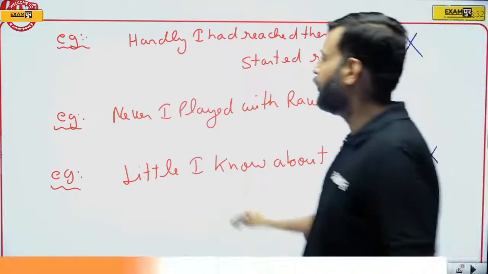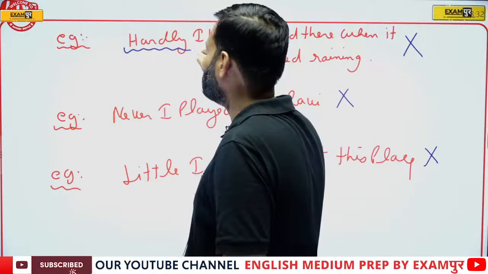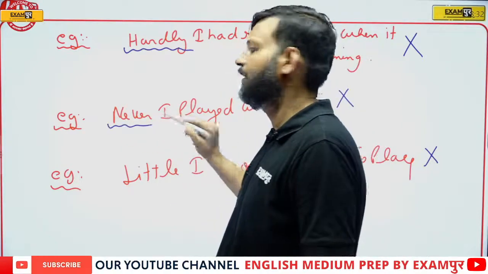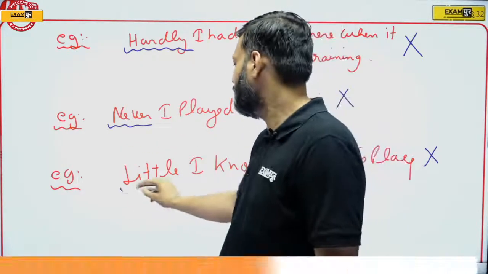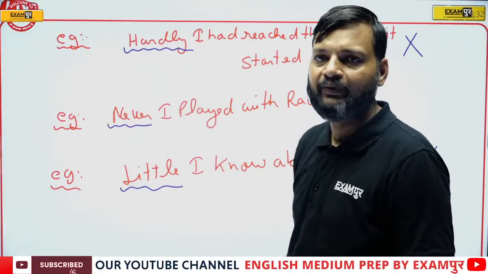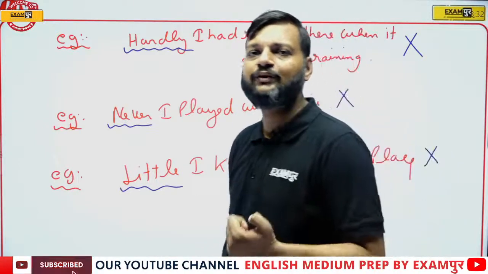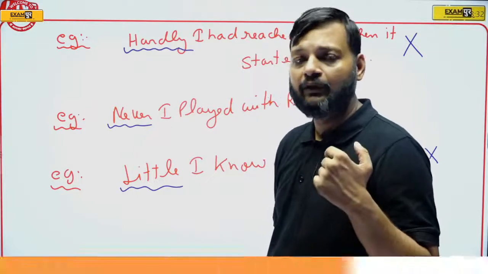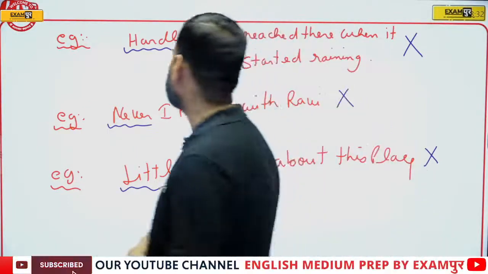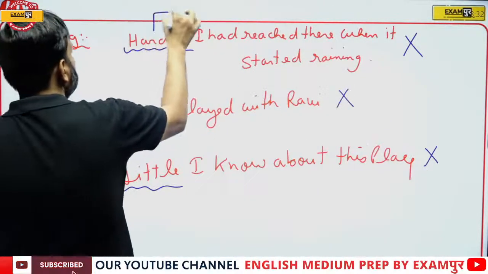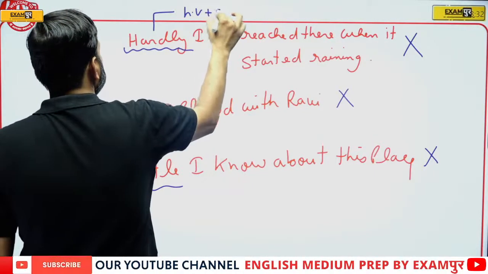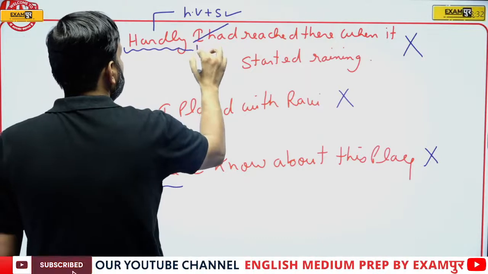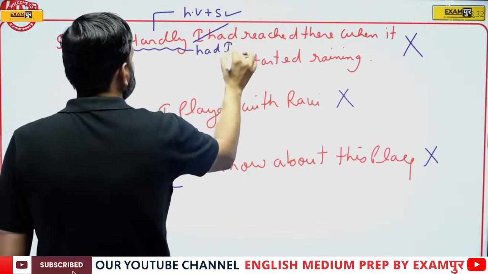Why? Because here hardly is a negative adverb, never is a negative adverb, and little is a negative adjective. When a sentence starts with a negative adverb or adjective, the verb inverts. The inversion of verb means that hardly should be followed by a helping verb plus subject. Okay, that means here in place of I had, we have to write had I.